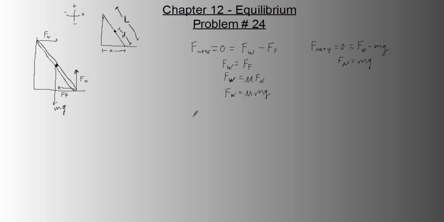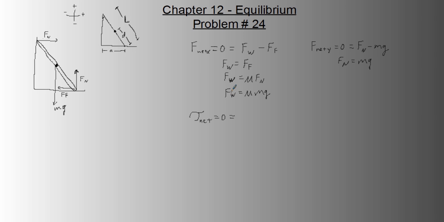So let's do net torque. 0 equals... Now we have to pick a pivot point. What are we looking for? We're looking for mu, right? Mu only appears over here, so we need Fw.